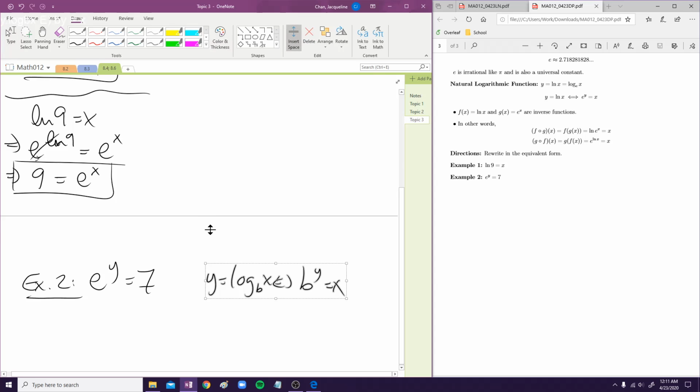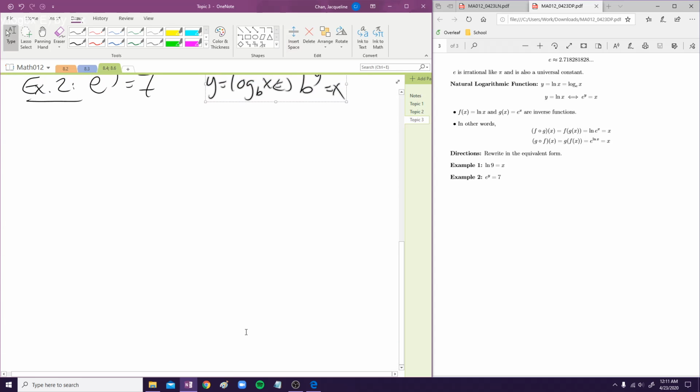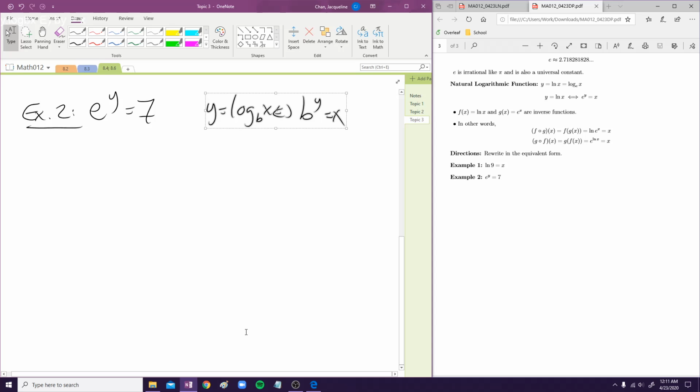So what do we need to do? We need to be in logarithmic form. In order to do that, we have to rewrite it. In this case, b is e, y is y, and our x is 7. So this is equivalent to y is equal to log base e of 7.